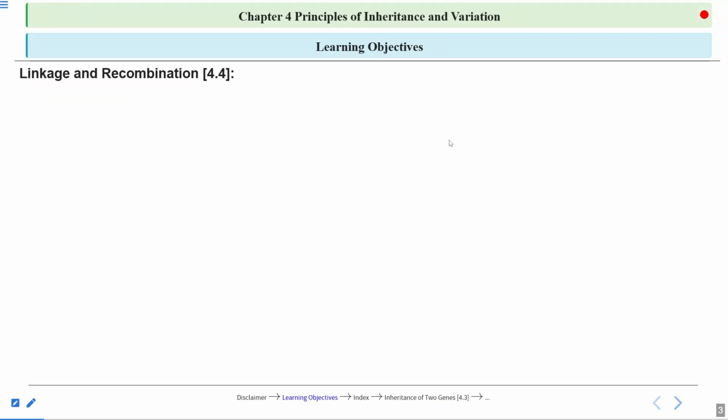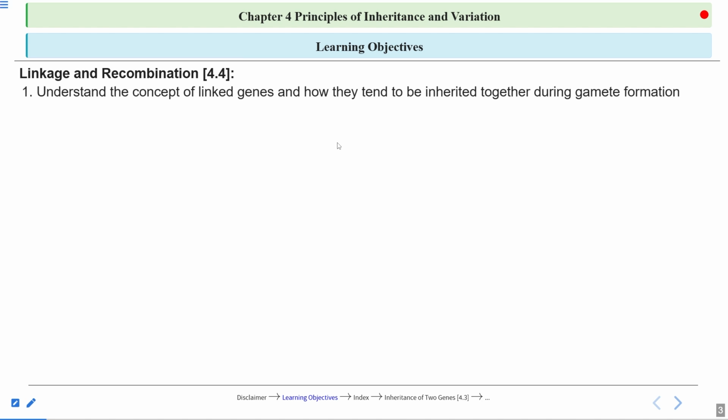So what are the objectives of today's session? We'll talk about linkage and recombination. Under this topic, we will understand the concept of linked genes and how they tend to be inherited together during gamete formation.